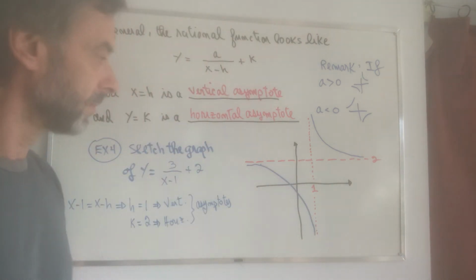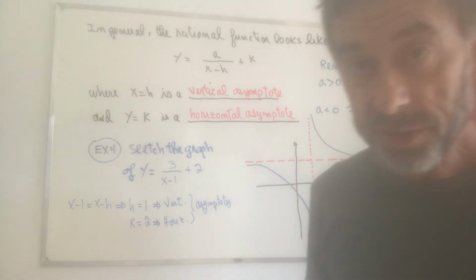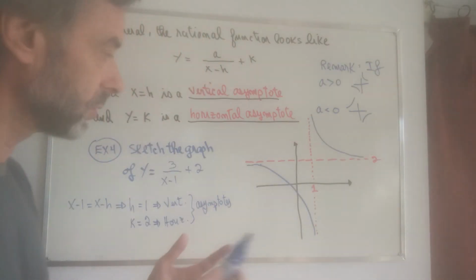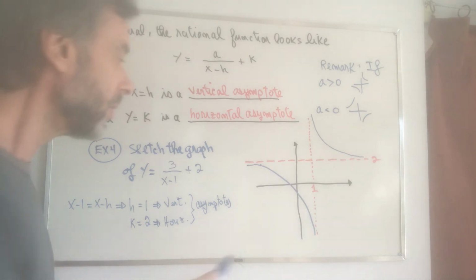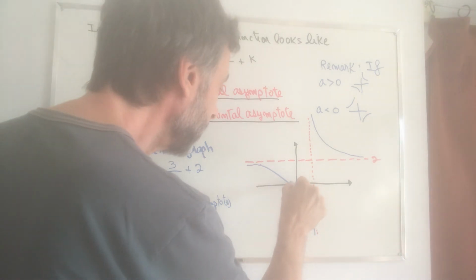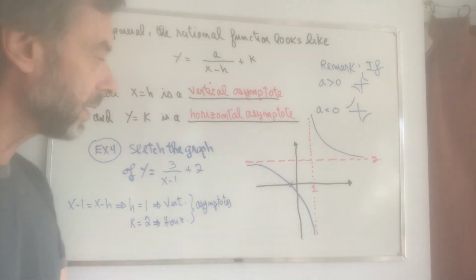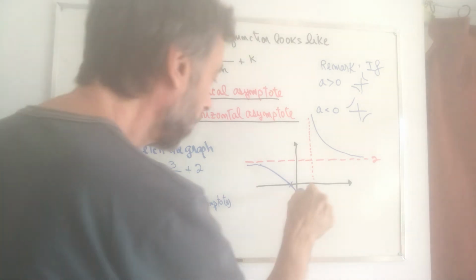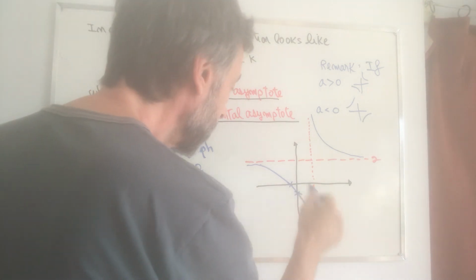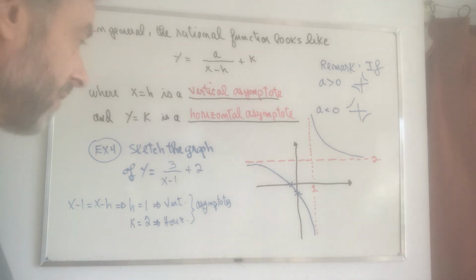Like that. And if you want a little more precision on this graph, if you want actually to get a couple more points, you can actually try to find, say, the x-intercept or the y-intercept. That'll give you a little more precision of where this graph actually shows.